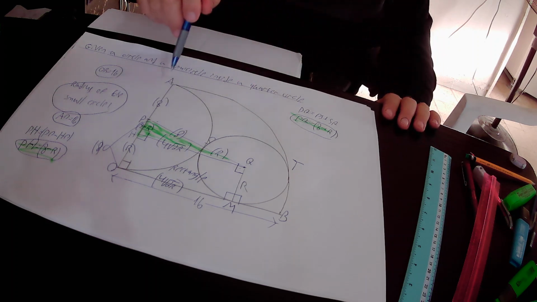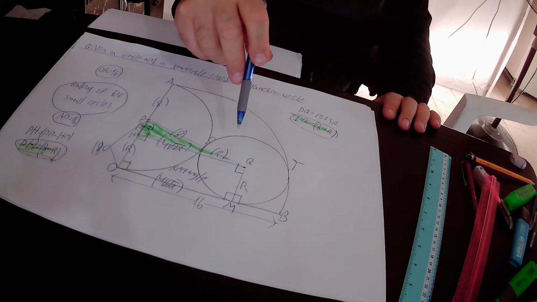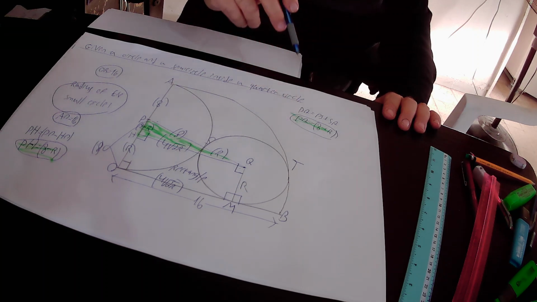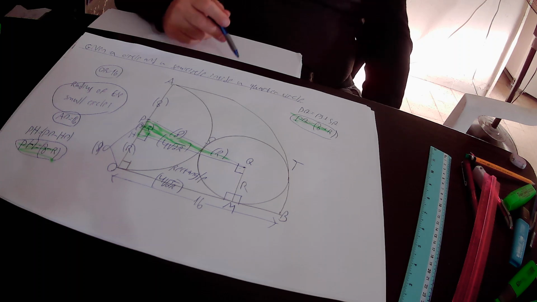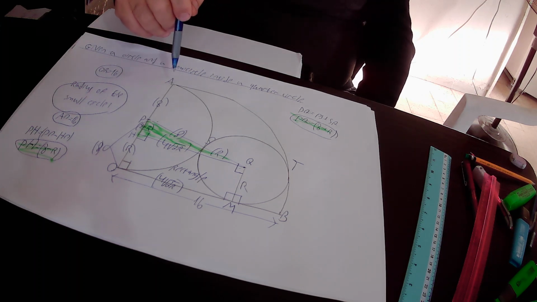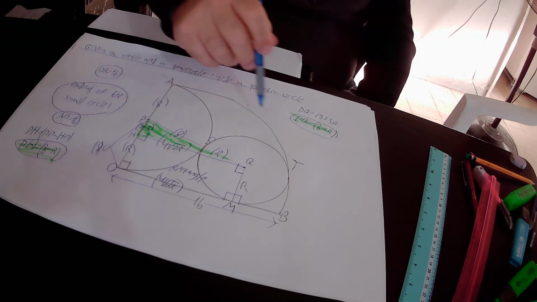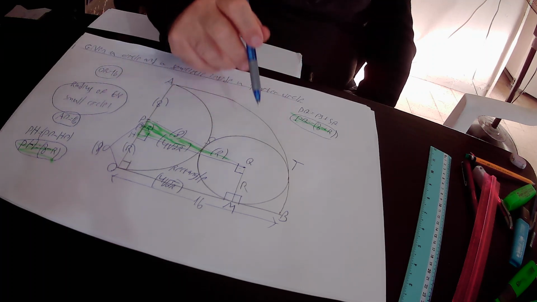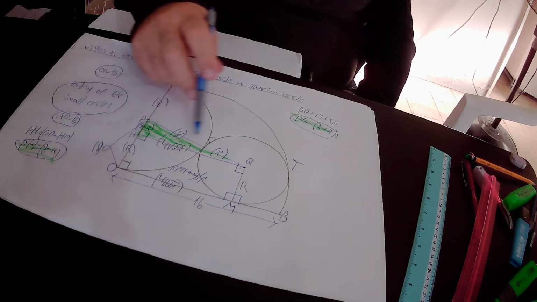The big quarter circle touches the small circle internally at point T, and therefore according to rule 9, we know that the center of the big quarter circle is there at point O. The center of this small circle is there at point Q, and the straight line that connects the centers together is of course the straight line OQ.